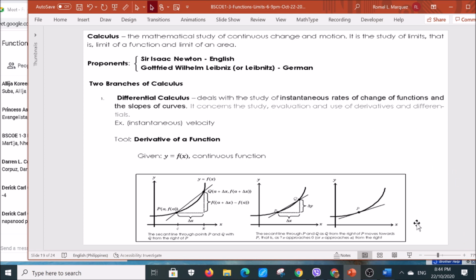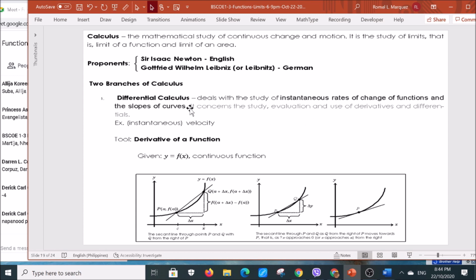Okay? So, there are two branches of calculus generally. One is differential calculus, and the other one is integral calculus. Differential calculus deals with the study of instantaneous rates of change of functions, especially very small changes. Calculus can handle that. And slopes of curves.